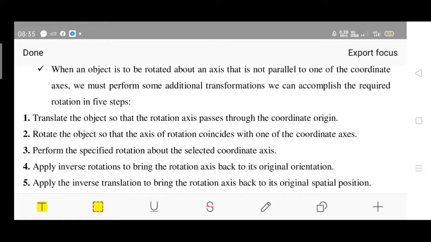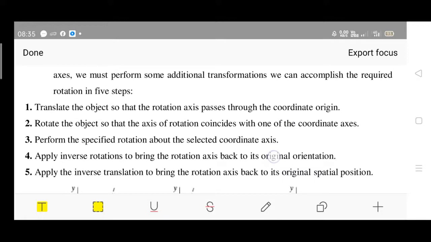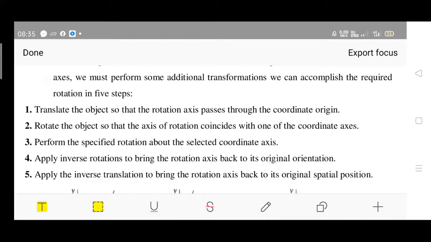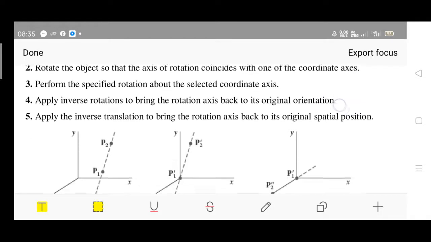Then apply the inverse rotation to bring the rotation axis back to the original orientation. So the additional steps of rotation are to be undone. That means inverse rotation you have to perform. Apply the inverse translation, right? This is a must to bring the rotation axis back to its original spatial position.